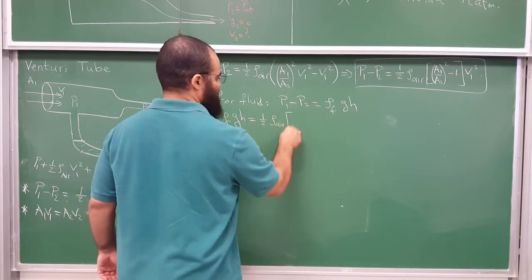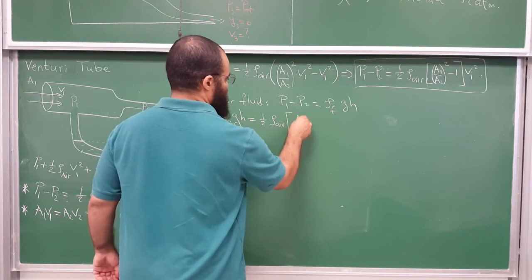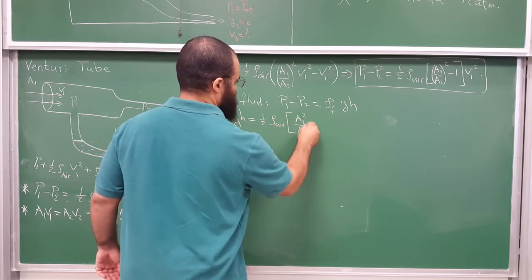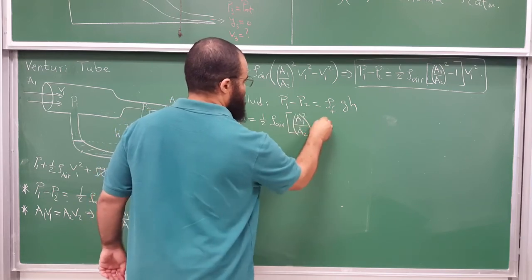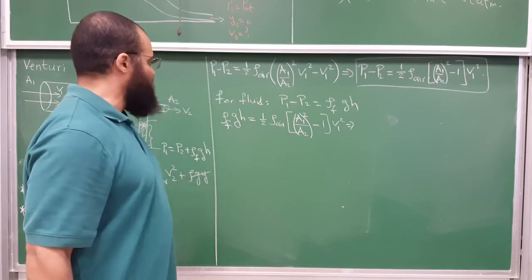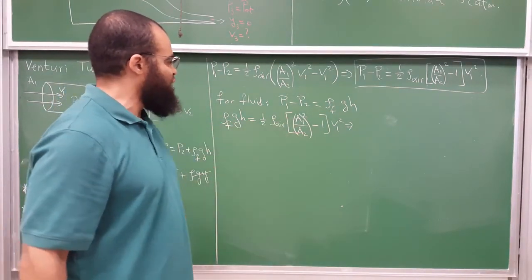and then area 1 over area 2 squared minus 1, and then V1 squared, and we can solve for V1 now. So multiply by 2, divide by the density of air and this stuff, and take the square root.